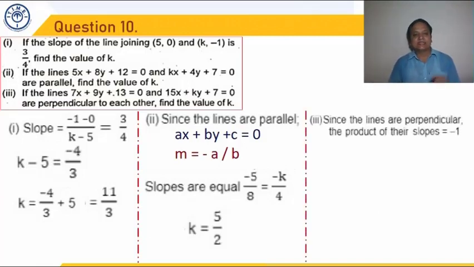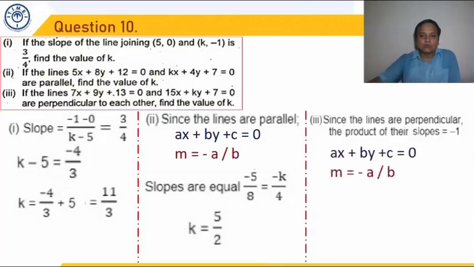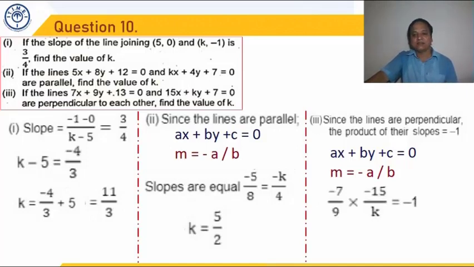Third part, it says if these two lines are perpendicular to each other. Perpendicular means they make 90 degree with each other, so we had a condition: product of the slope of two lines is minus 1. Now for 7x plus 9y plus 13 equal to 0, if we use the same result, slope is negative coefficient of x upon coefficient of y, that is minus 7 by 9, into minus 15 by k is equal to minus 1.